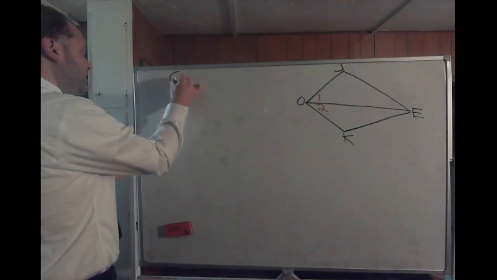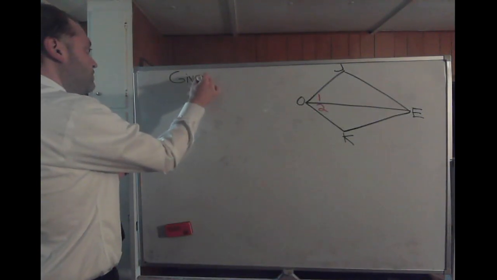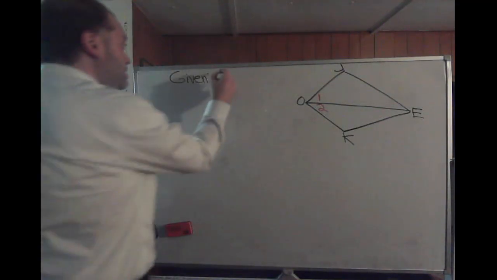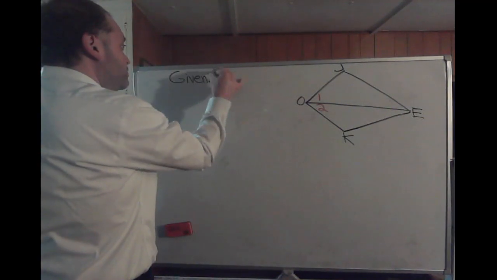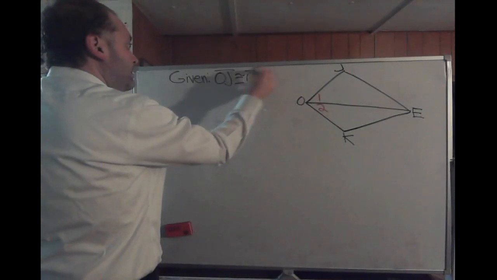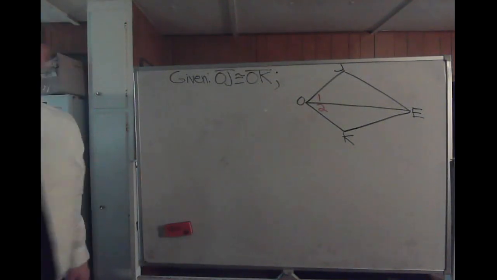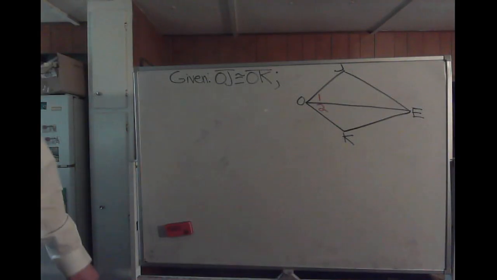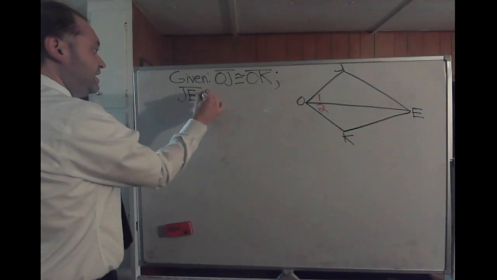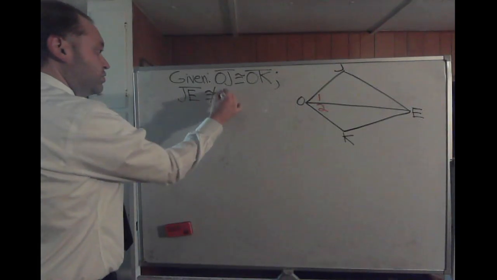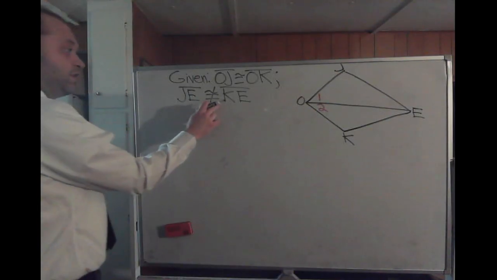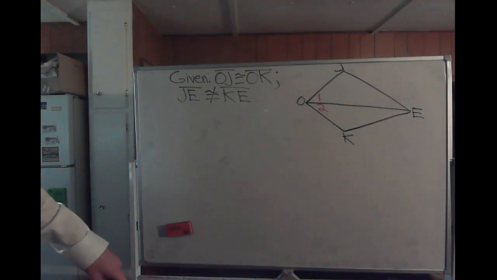We are given that segment OJ is congruent to segment OK. What we're also given is that segment JE is not congruent to segment KE. So that's going to become very relevant in just a minute here.